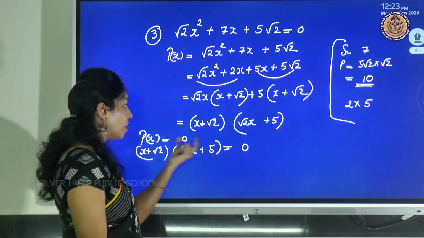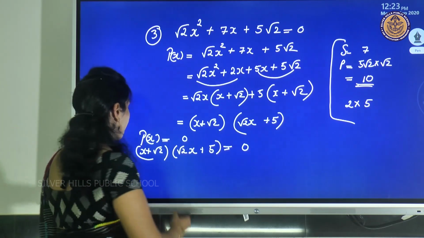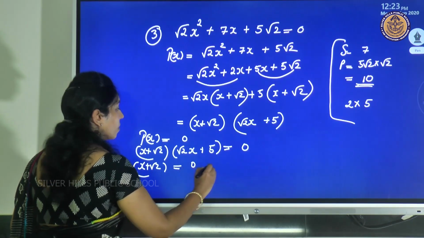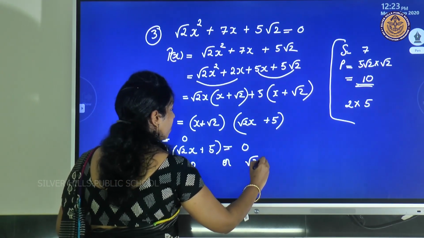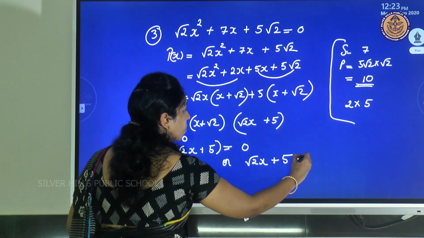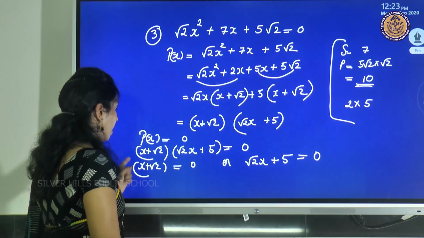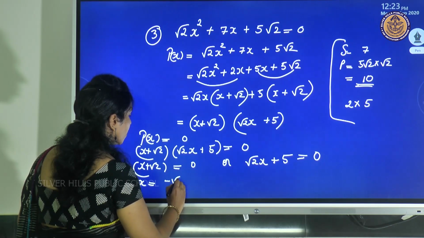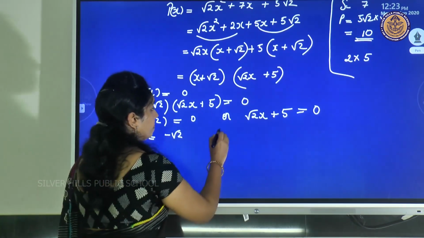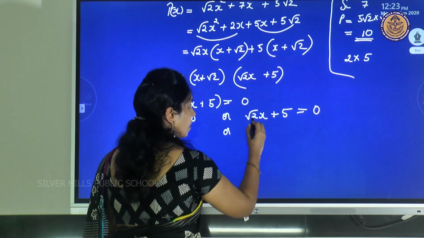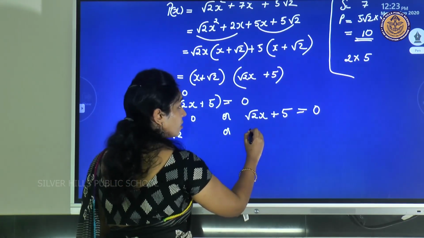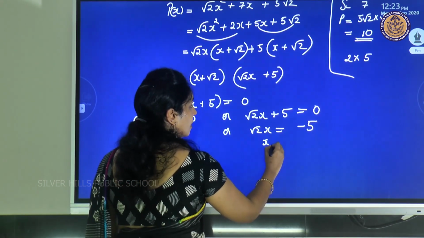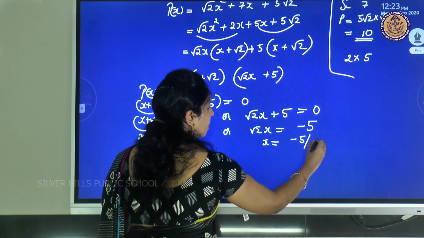So I can write this equal to 0 or the second term equal to 0. x plus root 2 equal to 0 or root 2x plus 5 equal to 0. x plus root 2 equal to 0 means x is equal to minus root 2, or from here, if I shift 5 to the other side, I get root 2x is equal to minus 5, x is equal to minus 5 by root 2.